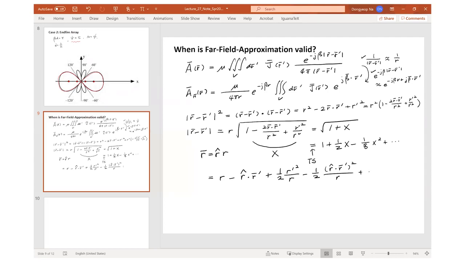So it turns out that if we take the first two terms for the absolute value of this displacement vector, then it's going to be the far field approximation for the phase factor.